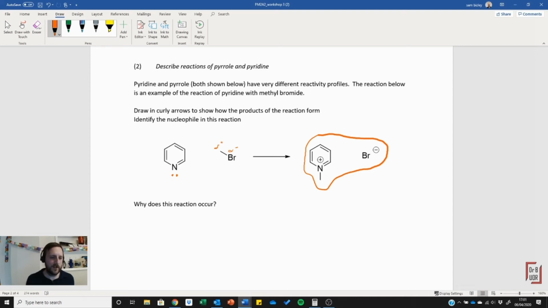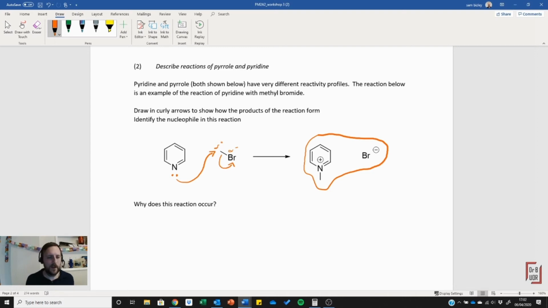Now this lone pair is actually free to bond, potentially. We've got some electronegativity here, and this is wanting to strip the electrons from the bond. So what we actually get is the lone pair going to our delta positive on our carbon. The electrons from the bond then go to our bromine.